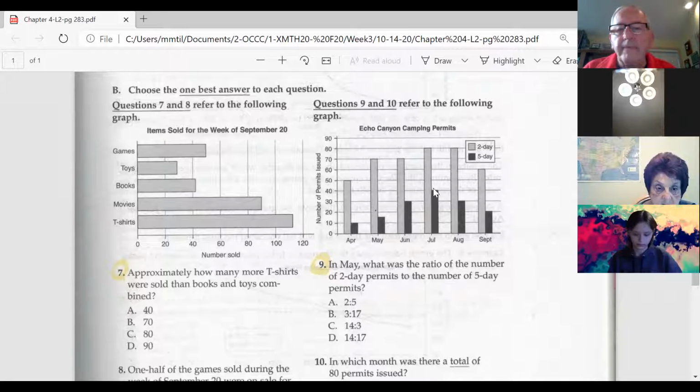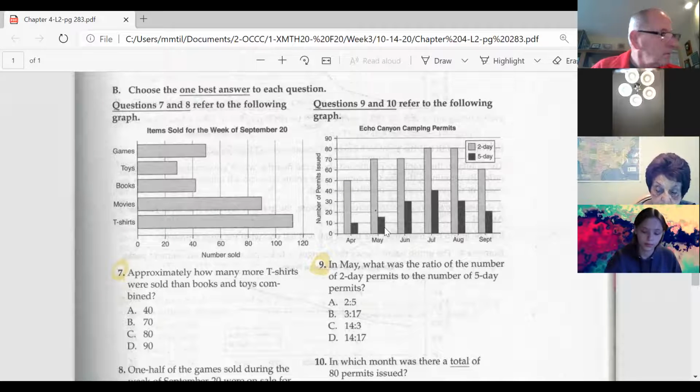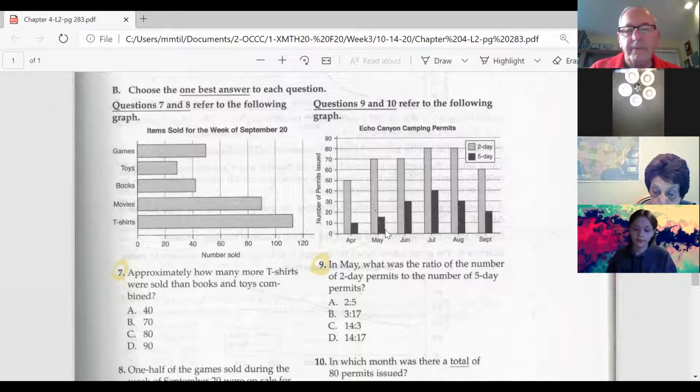For the 2-day permits, it was 70. And for the 5-day permits, it was 15, right? Yeah, 70/15. So we're going to take that 70/15 and we're going to reduce it down. I'll show you what I mean.